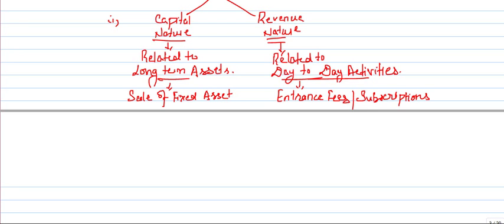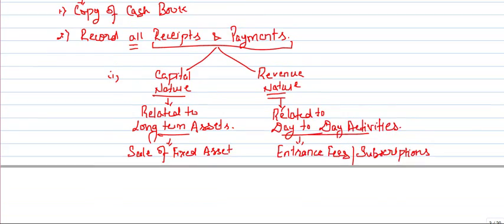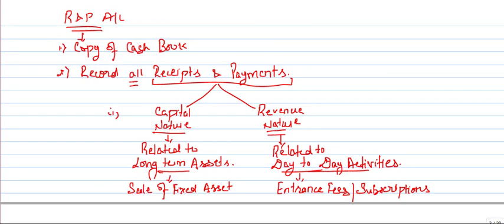So anything that is related to the day-to-day activities of the non-profit organization, that is of the revenue nature. And anything that is related to the long-term assets of the non-profit organization, that is the capital nature. So this receipts and payment account says you have to record everything. That is why this word all has been used.